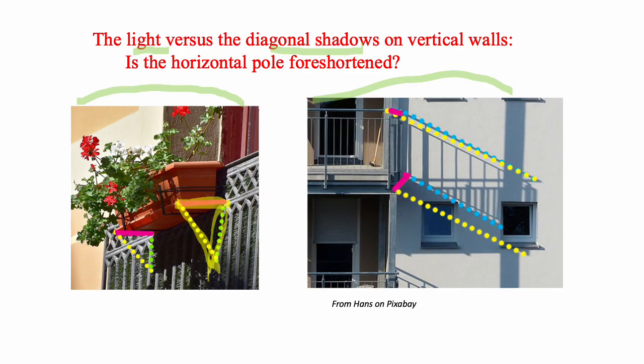In the second one, this horizontal pole is somewhat foreshortened, and this one is very foreshortened because it's close to eye level. And in this case, the light goes through the front of the pole, and the shadow goes through the back of the pole, and they're parallel, but they don't overlap. But when we go to the top here, we can see that the light direction and the shadow nearly overlap.